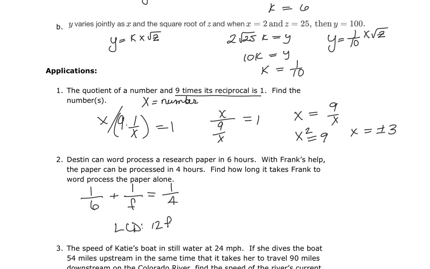So I'm going to multiply every term by 12F over 1, and I'm going to end up with 2F plus 12 is equal to 3F. So 12 is equal to F. So it would take Frank 12 hours to process the research paper on his own. So not slow, but not fast. So that's number 2.